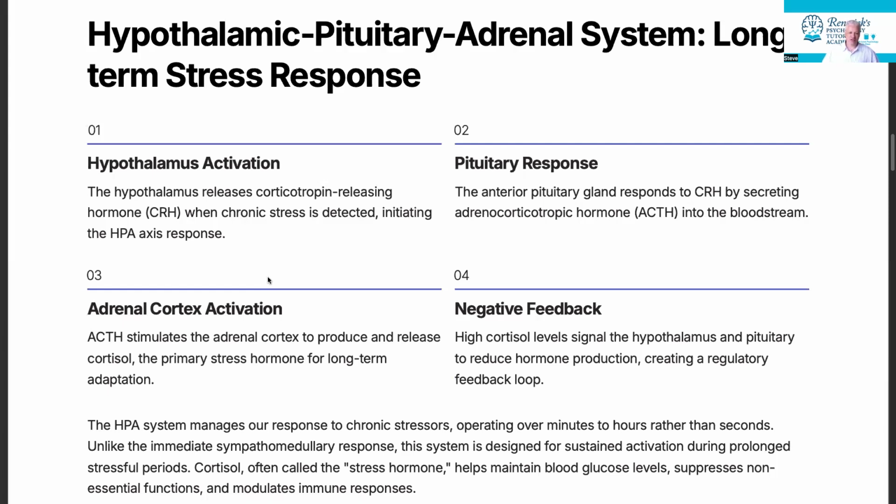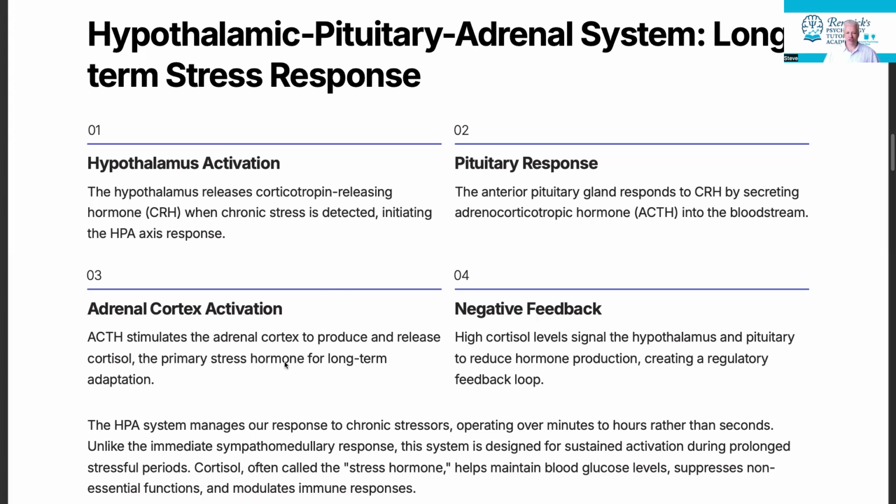And the second part of this is the pituitary response. So the anterior pituitary gland, at the front of the gland, posterior is the back. So the anterior pituitary gland responds to corticotrophic releasing hormone by secreting adrenocorticotropic hormone, or ACTH, into the bloodstream.